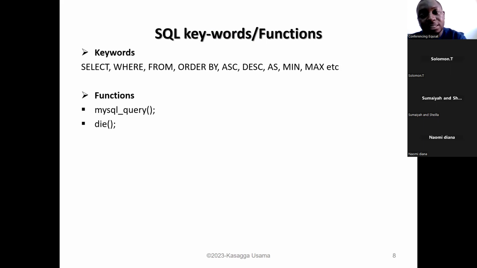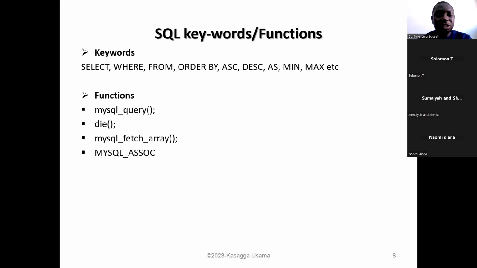So if you have not successfully sent some information or retrieved some information, you just need to write a die function to easily return an error message. Then we have fetch array, which is fetching data. Then MySQL associate, that means it will keep on pouring information which is in the same category.